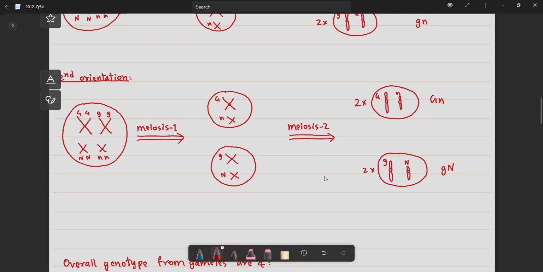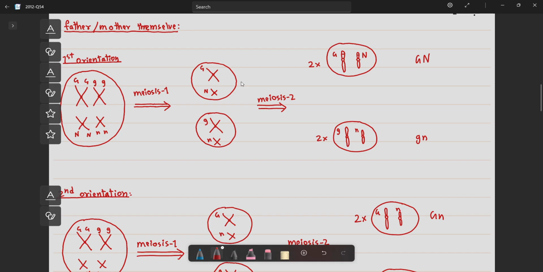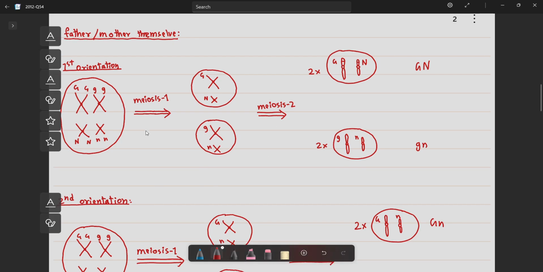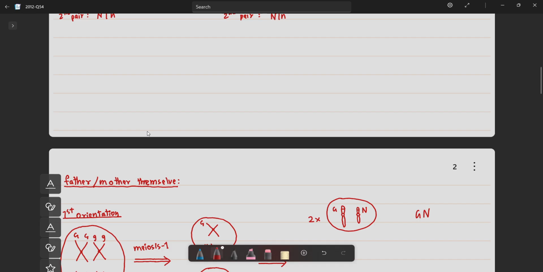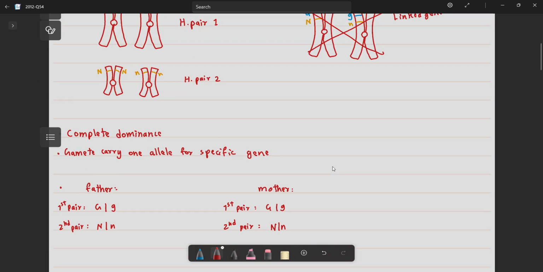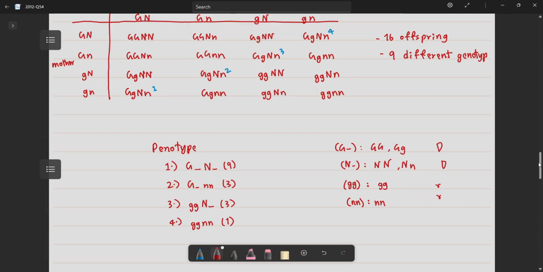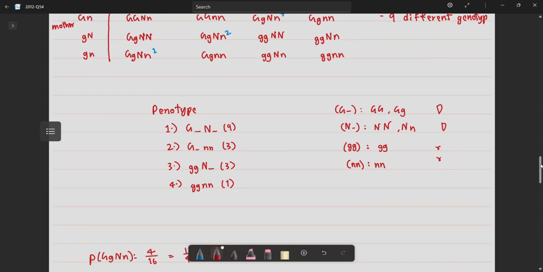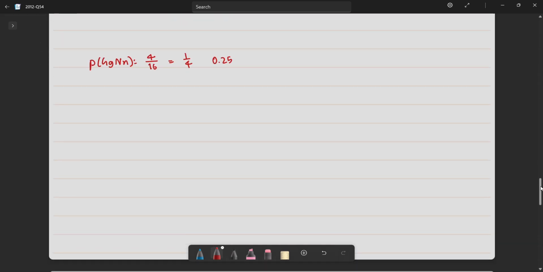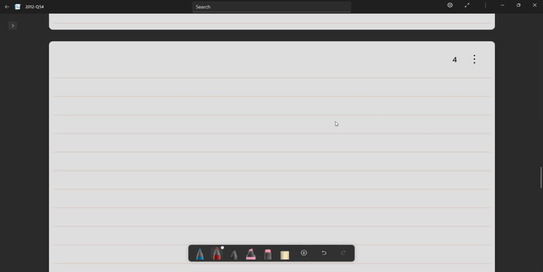This is the visualization of how you should picture genes that are unlinked. I showed an example of how unlinked genes are supposed to look, and there's a certain orientation that produces these gametes. But for the IMAT, you must not do this working at all. This was just a brief explanation of how the question can be visualized, but now I'm going to show you the actual method that is recommended for IMAT.